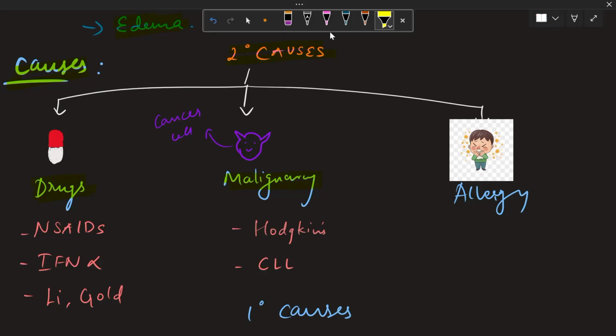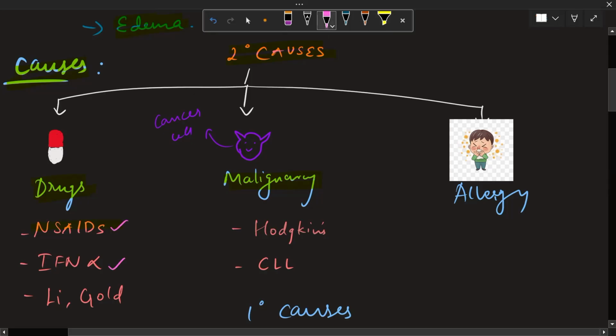And the second cause is malignancy. So malignancy like Hodgkin's lymphoma, CLL can cause nephrotic syndrome. And a child with allergy can also get nephrotic syndrome. So these are the secondary causes: drugs, malignancy and allergy.